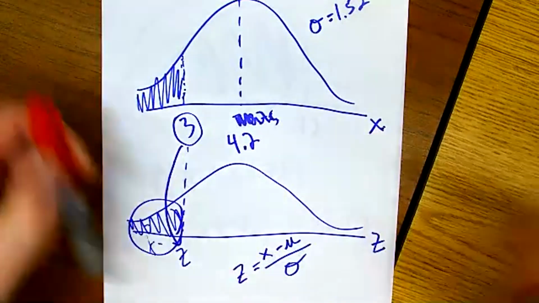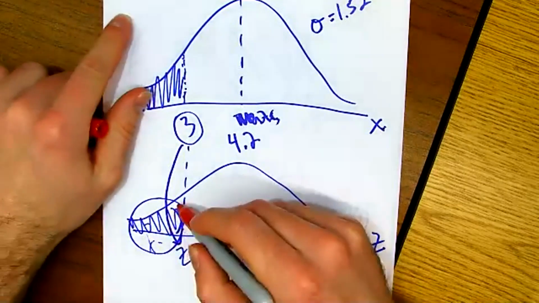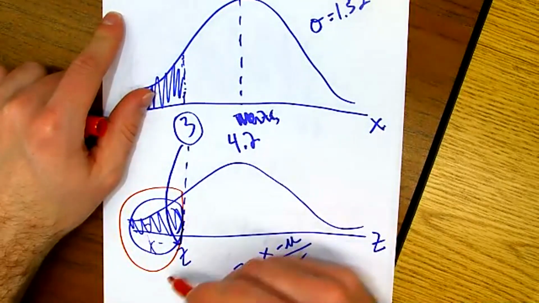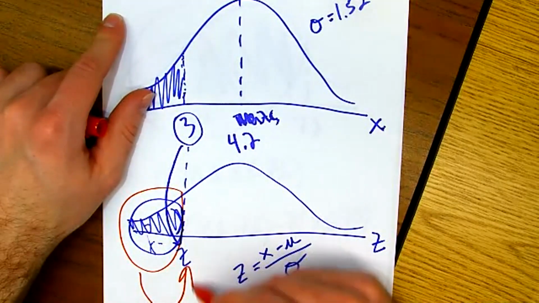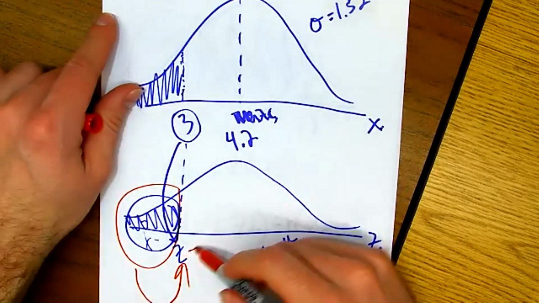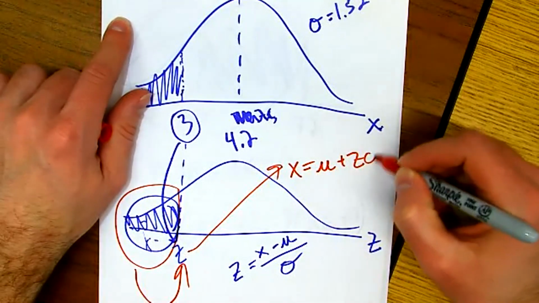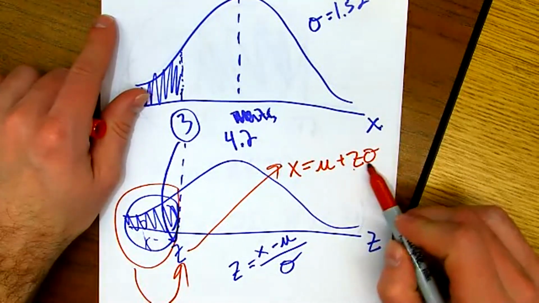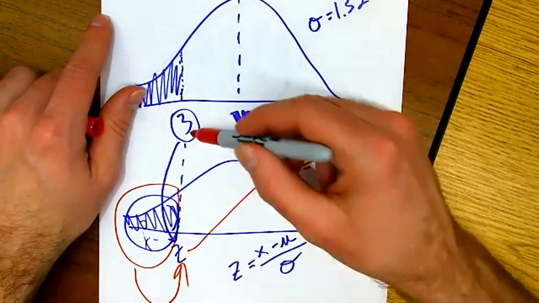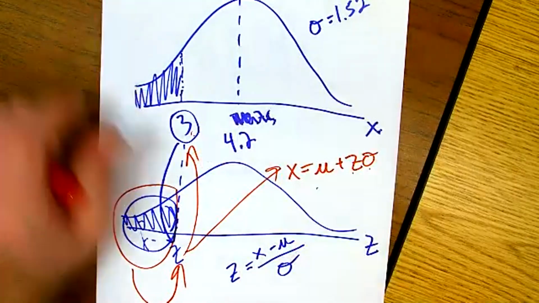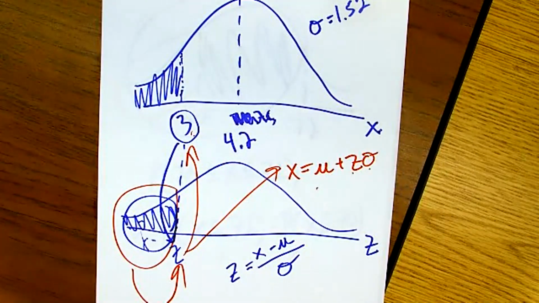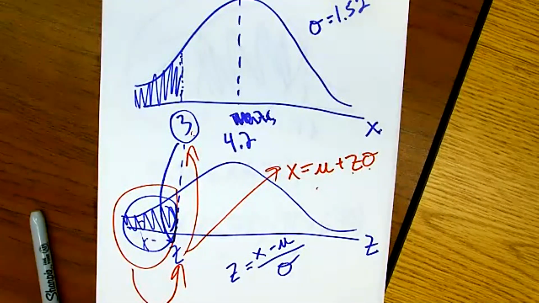What I now am going to think about is, what if I knew the area I wanted to the left? I could figure out what z-score gives that to me, and then using the inverse transformation formula, you can plug in that z-score, the mean and standard deviation, and figure out what x value that is. So we're kind of working in reverse, or working like the inverse.